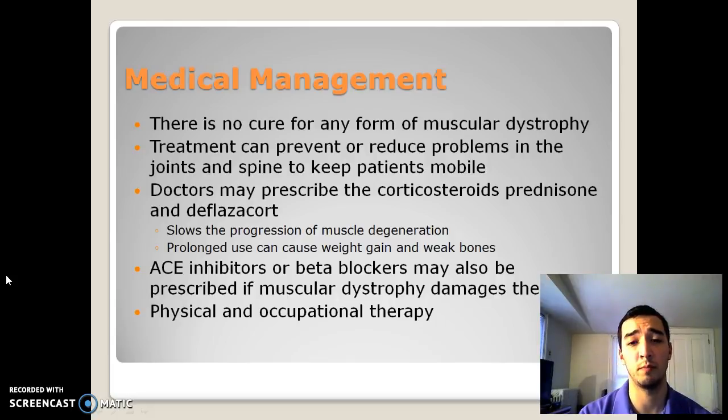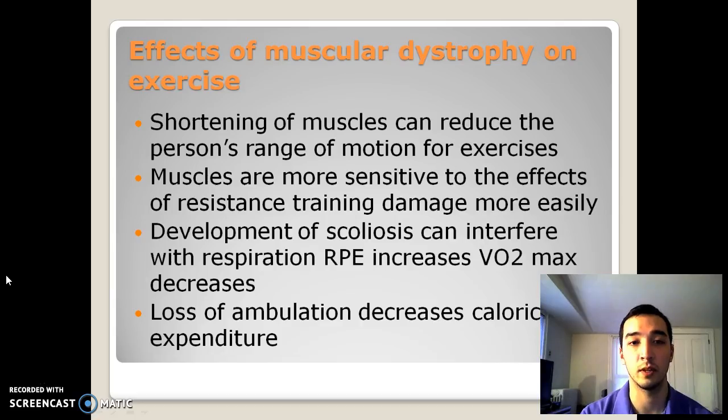ACE inhibitors and beta blockers may also be prescribed if the muscular dystrophy begins to damage the heart. And also physical therapy and occupational therapy can be prescribed to reduce the risk of progressing scoliosis or respiratory problems, as well as being able to still use their arms and hands for everyday living.